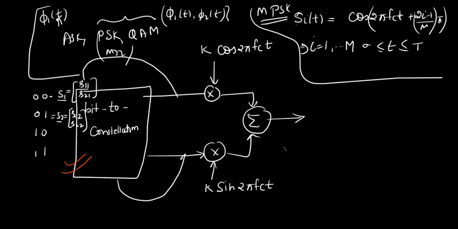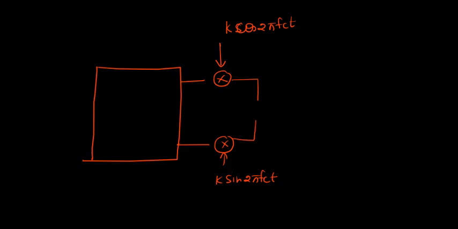Okay, tell me, what will happen in ASK? This part will change, which we also call up conversion. This is called the bit to constellation mapper.